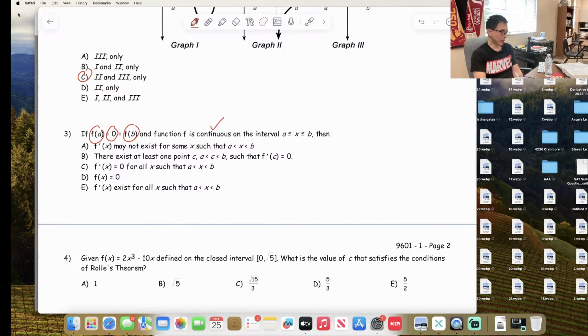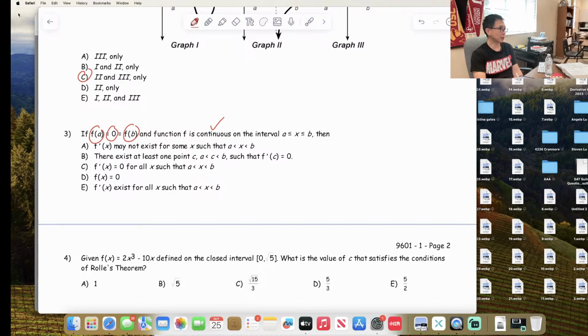This is true because it may be differentiable the whole way, but there's also a possibility it may not. So it may or may not. May not is a very safe bet in true and false questions because it's more inclusive, I feel like. Now, let's disprove all of them.